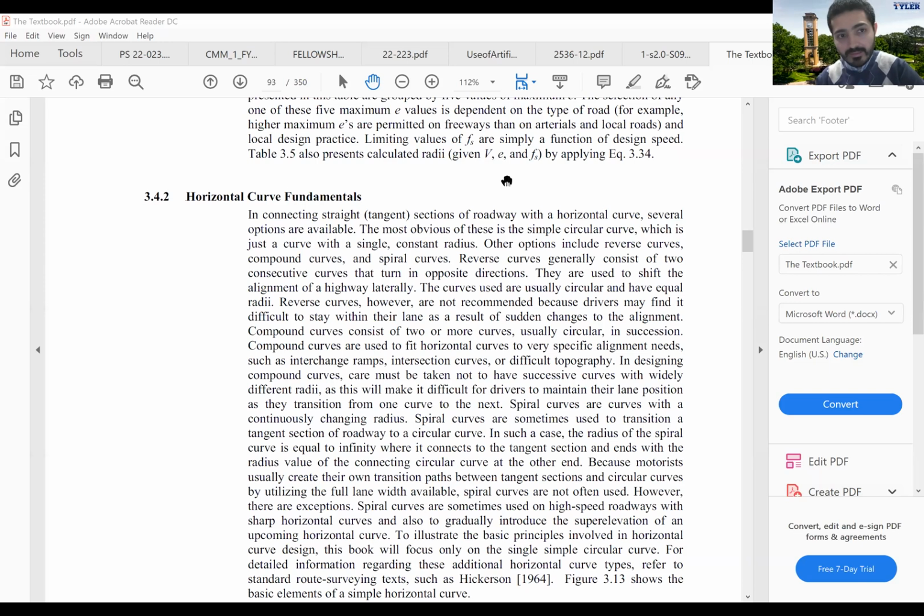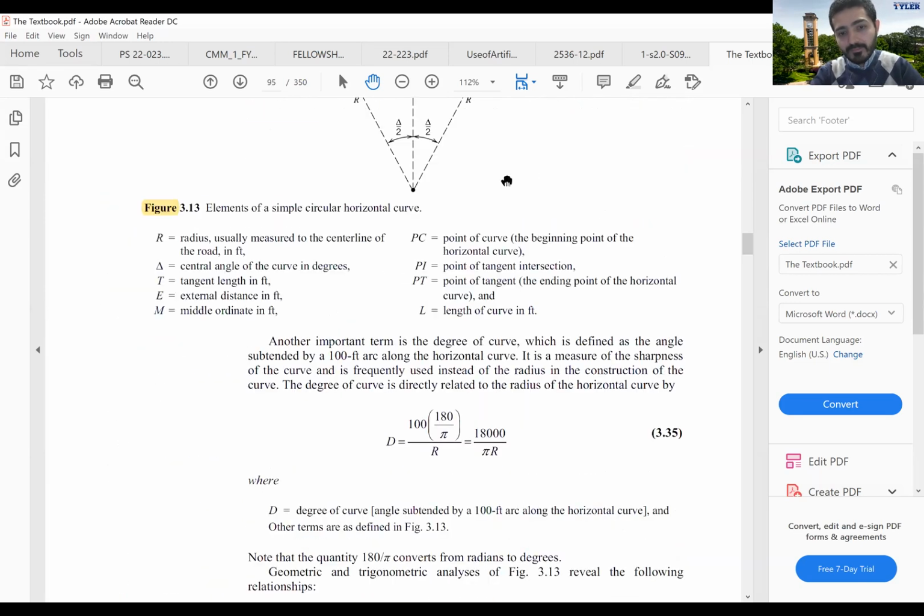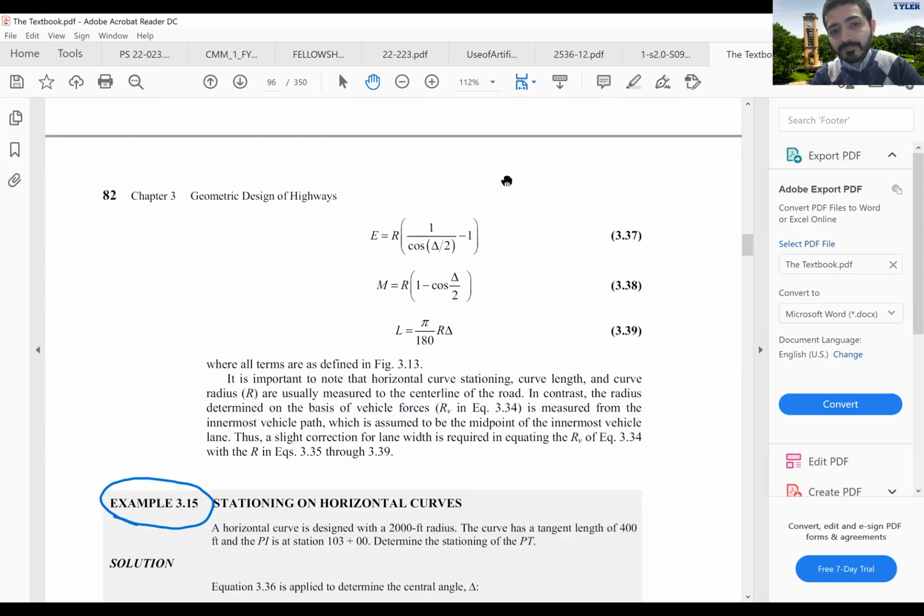Or I can give you the E, I can give you the M. Where are the equations again? Take a look at this. So I can give you the E. This is a very practical question actually. I like it.